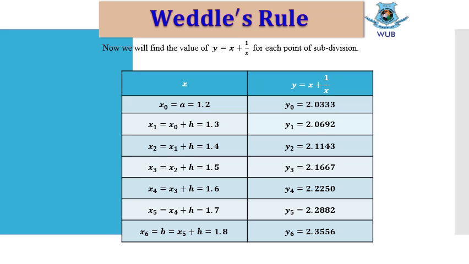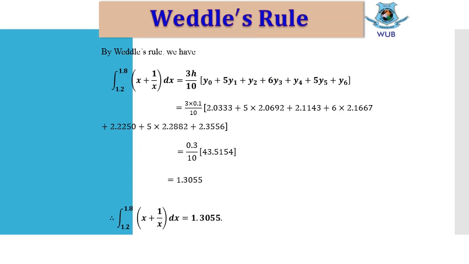In this way, we have to calculate up to the sixth point, that is x6 equals 1.8, and y6 equals 2.3556. If we put all these values in Weddle's rule, then we get our desired area, which is 1.30655.